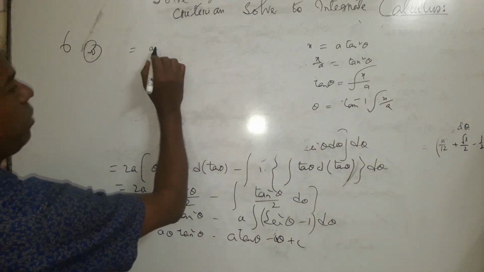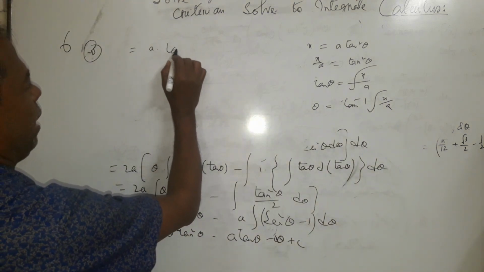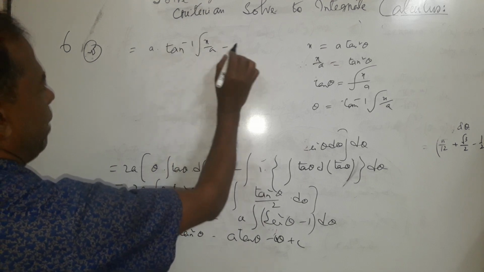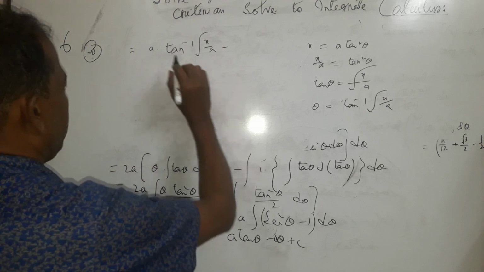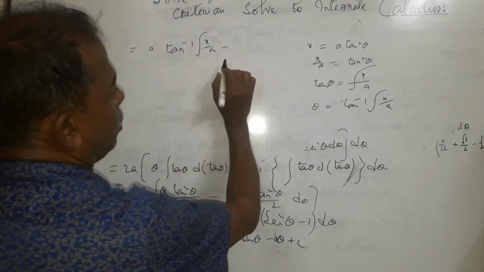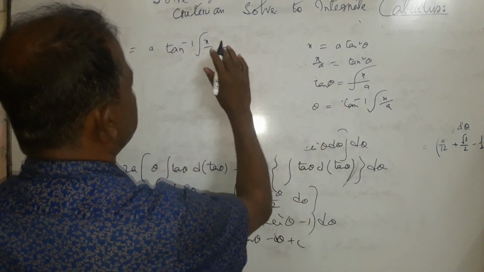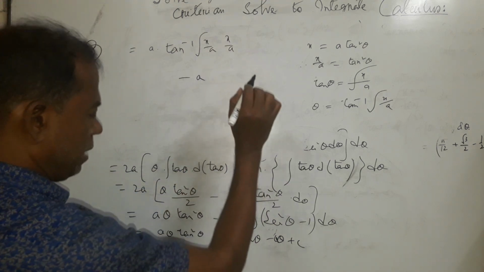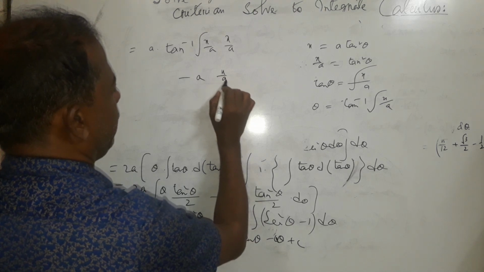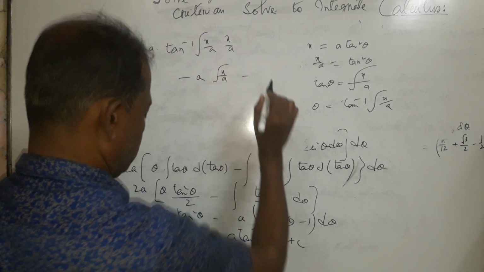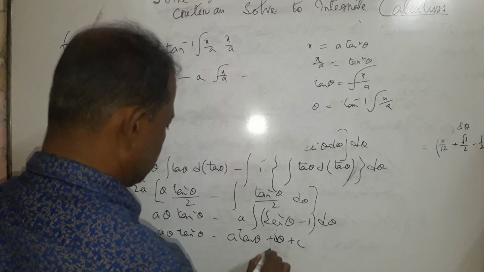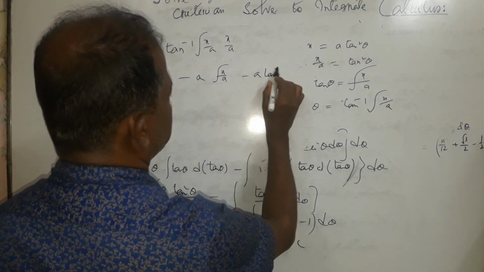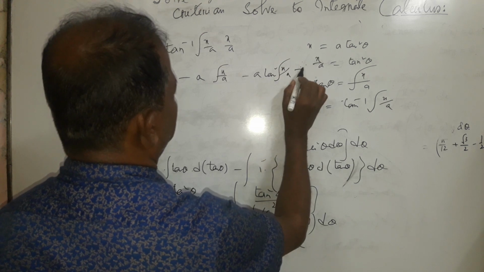So a theta means a tan inverse of the square root of x divided by a, and minus a theta, and tan square theta means x divided by a, minus a tan theta means the square root of x divided by a, plus a theta. A theta means a tan inverse of the square root of x divided by a, plus c.